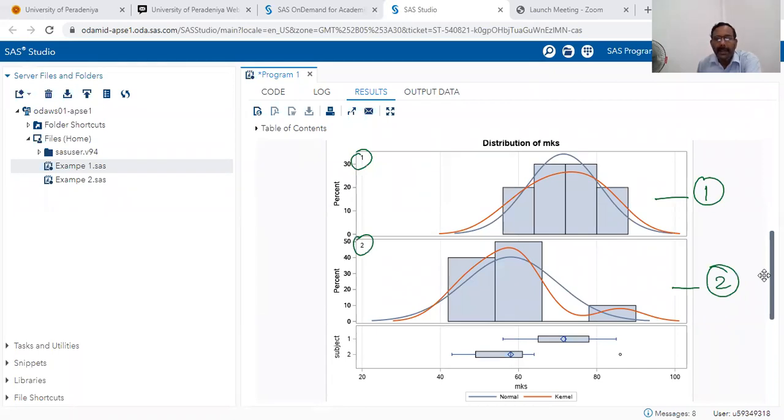How the data are distributed. The distribution of marks for these two subjects. The first one is for subject 1, second one is for subject 2. Just to give some ideas. We may use this for ANOVA later on. Here, we are comparing only 2 marks, so it is not very important as such.